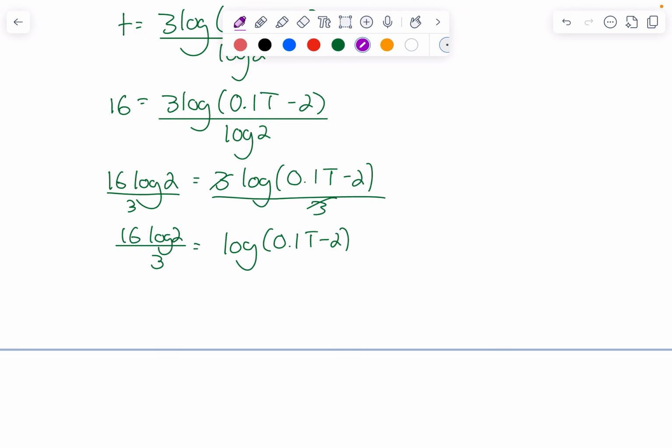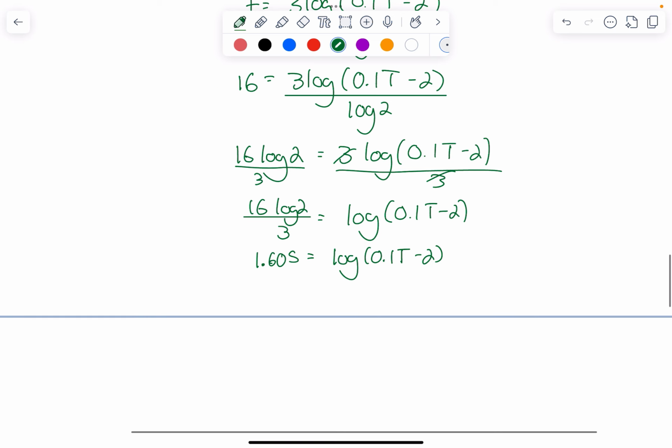Well, evaluate this, because this whole thing is going to be an approximate. So if you evaluate that, what is that? That's log 2 divided by 3 times 16. That is 1.605 is equal to log 0.1 T minus 2.